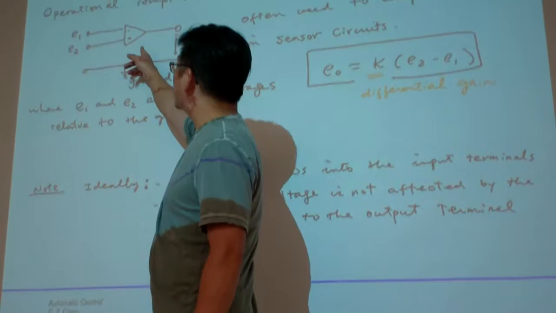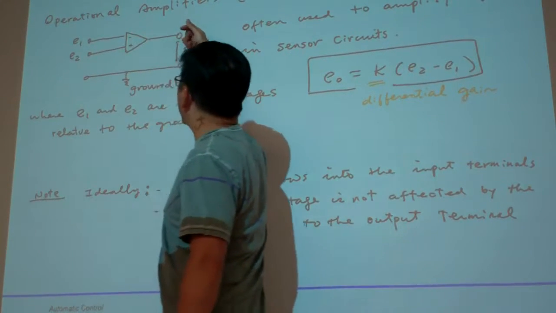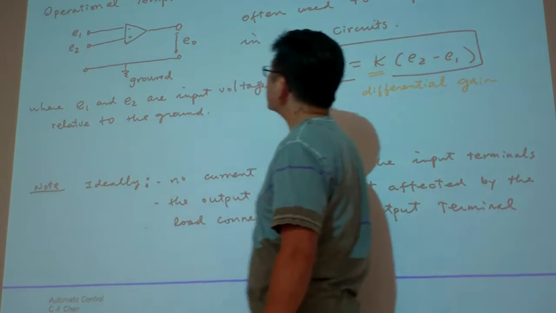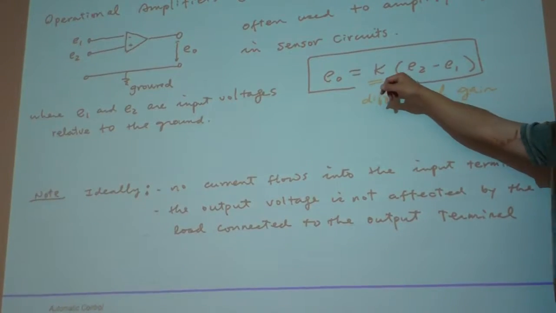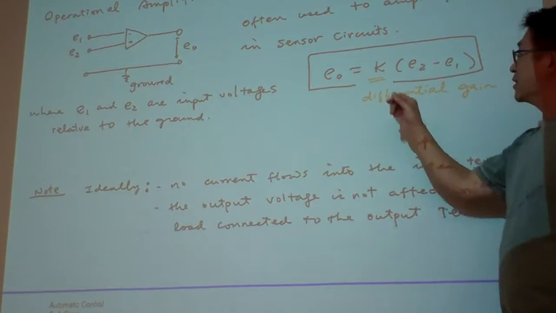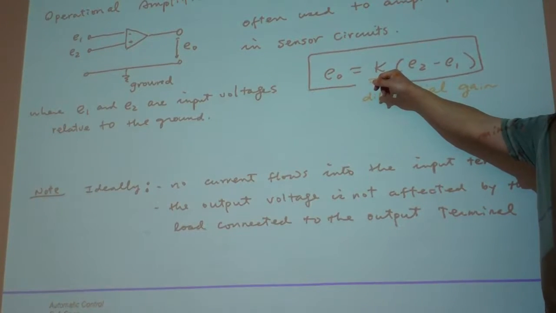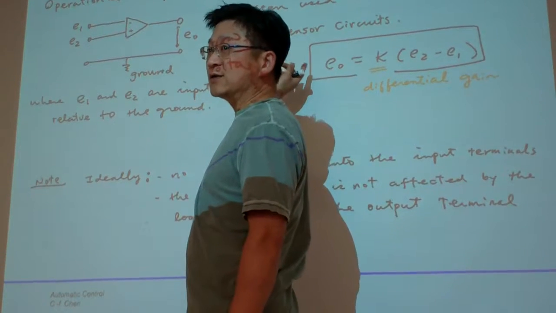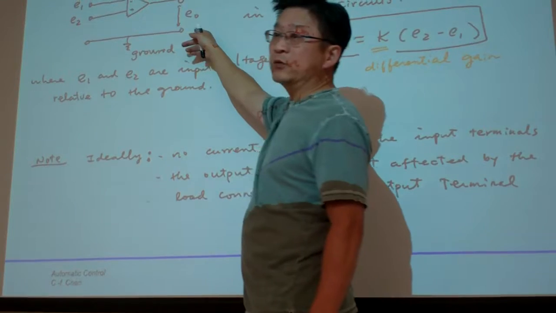There are two inputs, E1 and E2, and this is the output, and you have to link to the ground here. The output equals the difference of E2 and E1 multiplied by K. K is called the differential gain. Usually K is greater than 1, and the larger K is, the more it amplifies the input signal to the output, which is why we call it an amplifier.